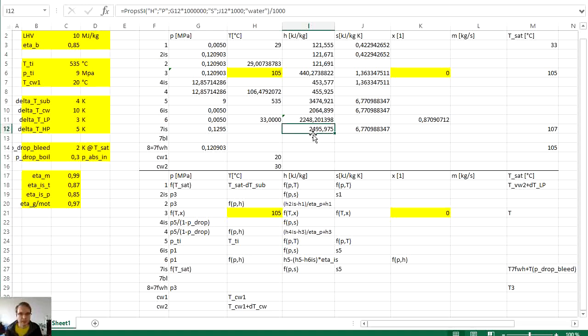So we get the isentropic enthalpy, and the function for the enthalpy after real expansion for the entire turbine will be the same as the function for the enthalpy in partial expansion. So what we had here will also be valid here, just H5 minus H5 minus H7 isentropic times the efficiency of the turbine.